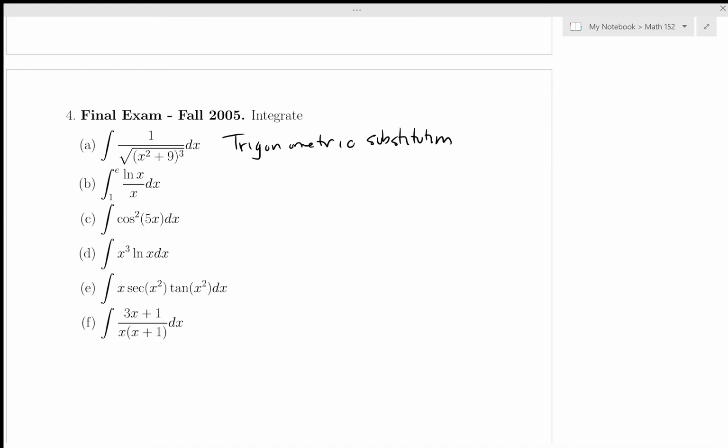In this case, the one I used was x equals 3 tan theta. And then you may well need a trigonometric identity to go with that, which is 1 plus tan squared theta is secant squared theta. So you're also going to need this.